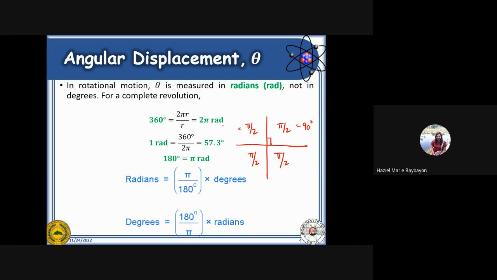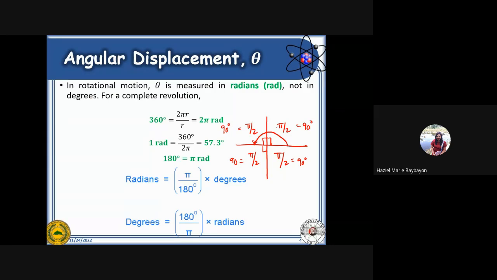Kini po diri 90 degrees, right? Kini diri if we measure that 90 degrees. So as you can see, ang 180 degrees daay class is duha ka pi over 2 that is equivalent to pi. So pi over 2 plus pi over 2, pila na siya class?